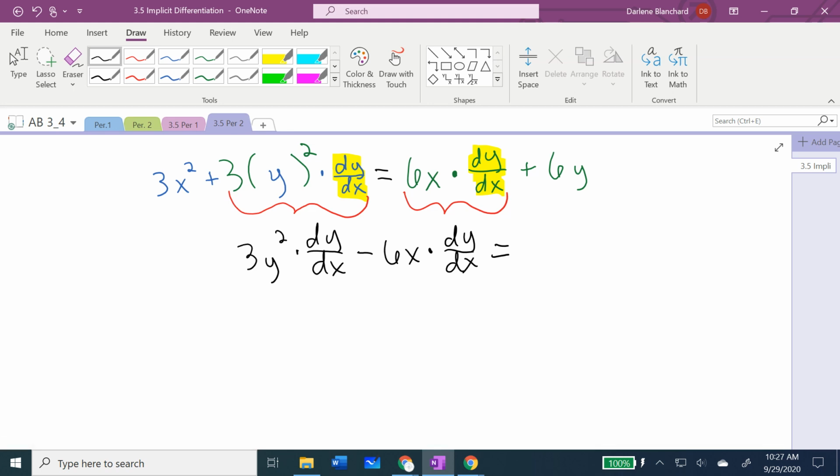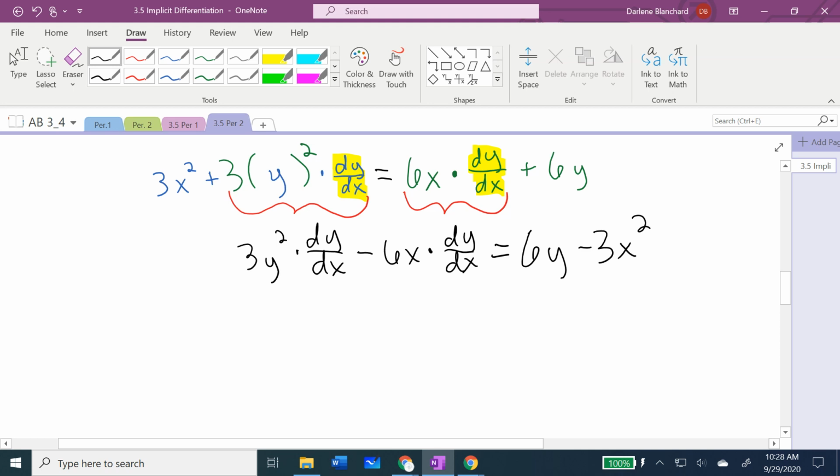The quickest way to get through this problem is to have all the terms that are going to be factoring a dy/dx out of them on one side of the equation, and all the terms that don't have a dy/dx factor on the other side. So that means that I have the 6y already on the right, and subtract the 3x squared over to join it.